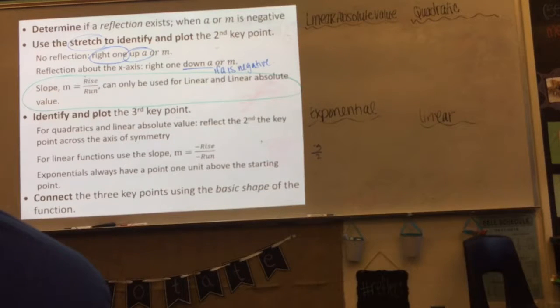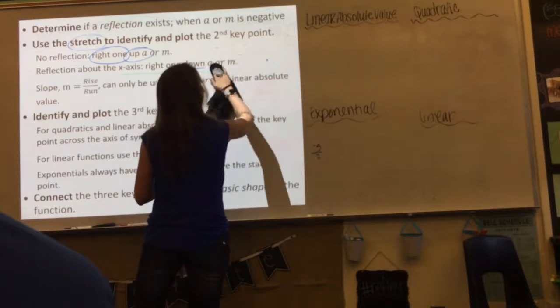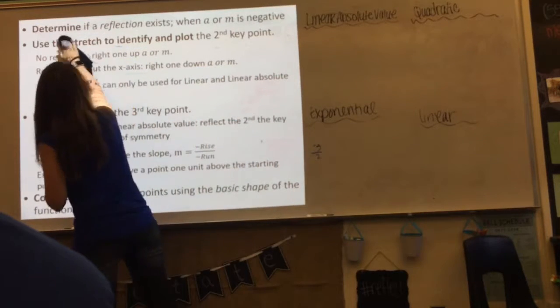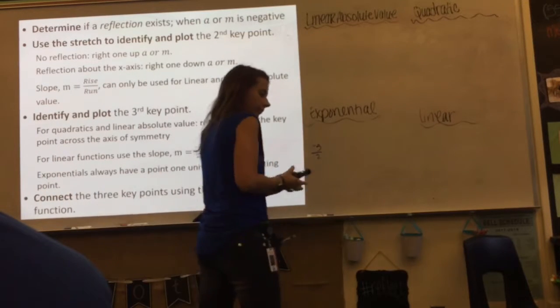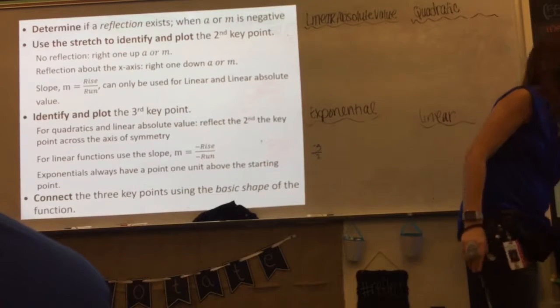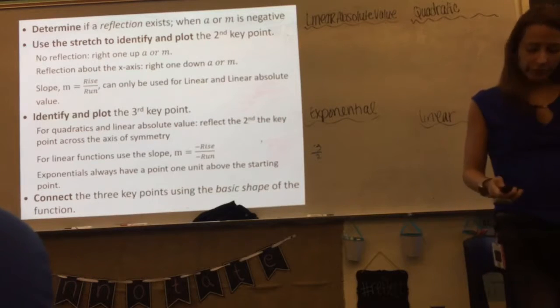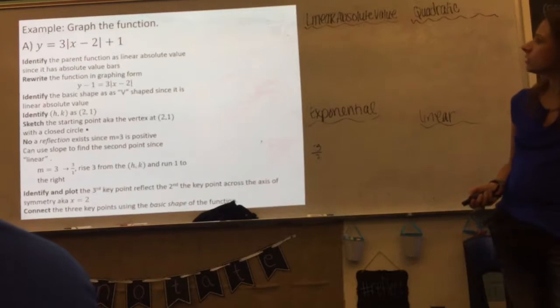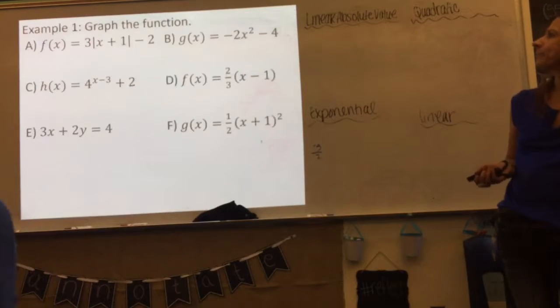So turn the page. I want you to go to slide 3, example A. We're going to do that one together. Okay, so I don't need to go over the ones that are in here, right?